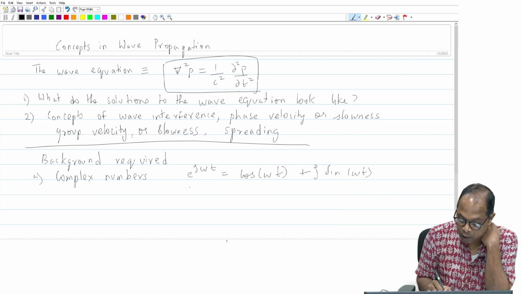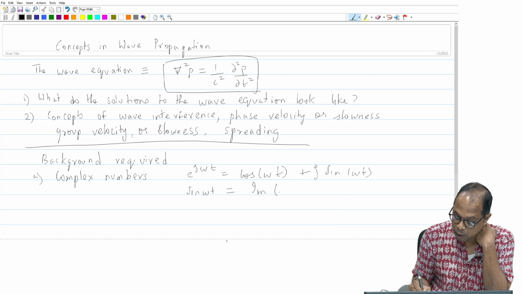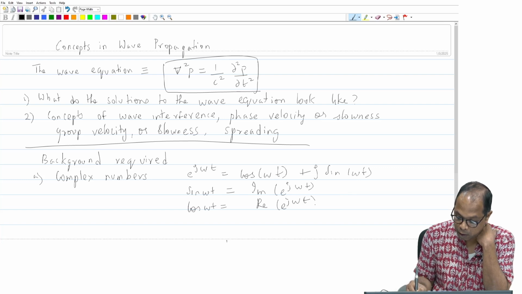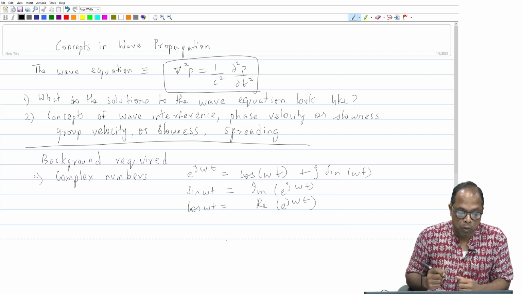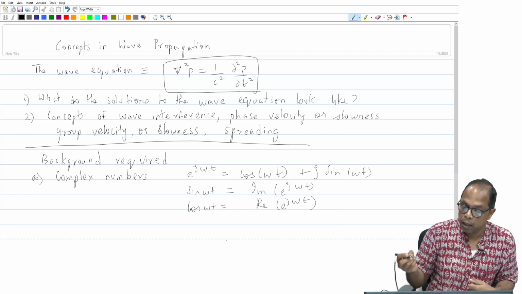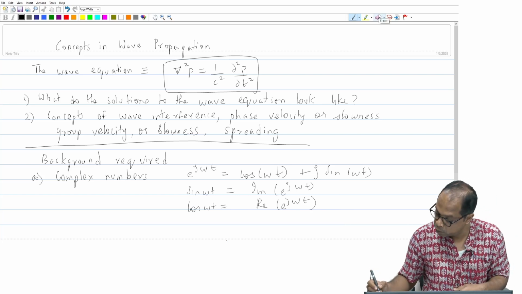Or you could write it in another form: sine of omega t is the imaginary part of e to the power j omega t, and cos of omega t is the real part of e to the power j omega t. So that's some background that you'll need, and there's some more that we will do.